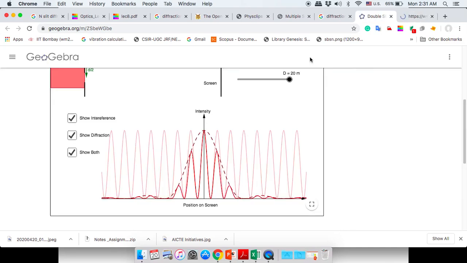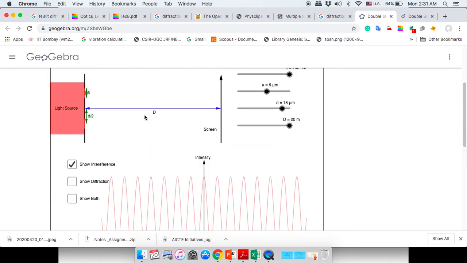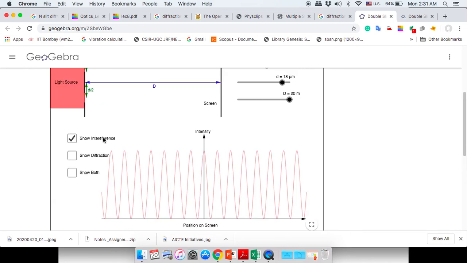when animated. So here we just put this two slit diffraction pattern. If we put only the interference, so this is two slit interference.